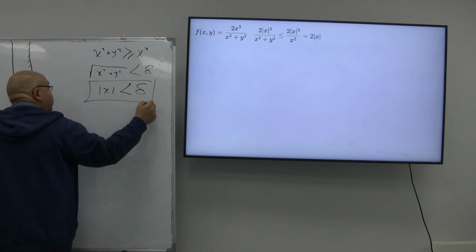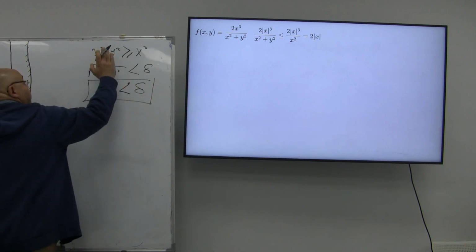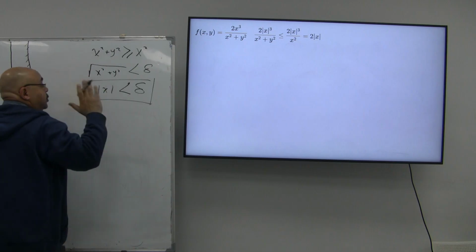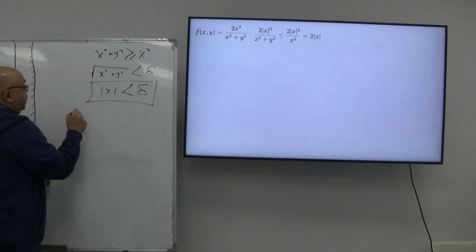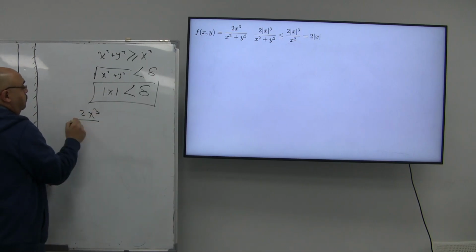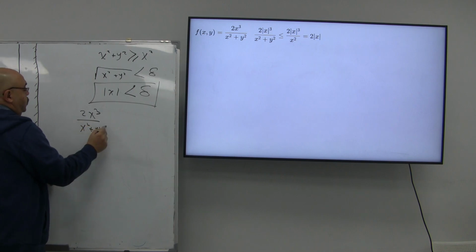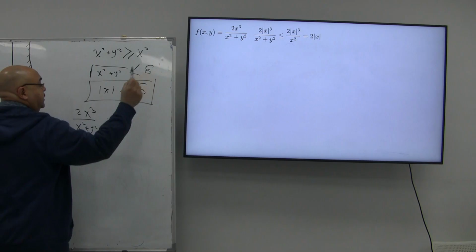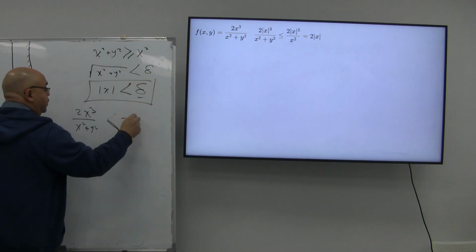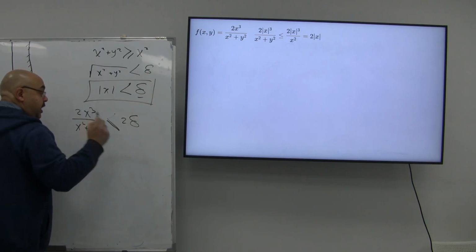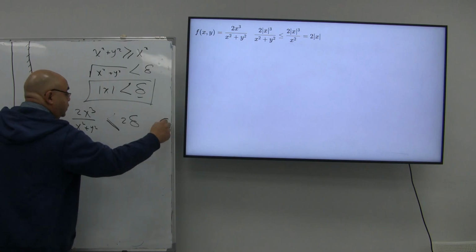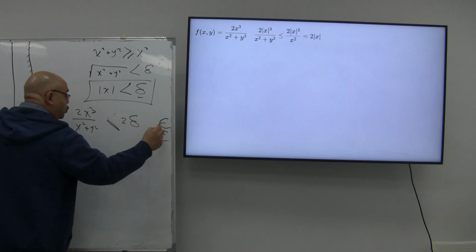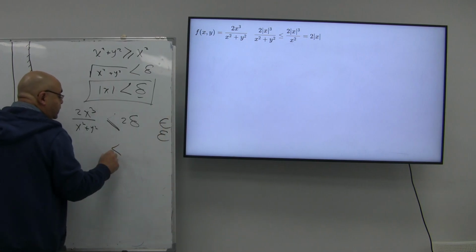Based on this, for the kernel 2x cubed over x squared plus y squared, for sure it's going to be less than 2 times delta, replacing absolute x by delta. Now I can choose epsilon. I will choose epsilon equal to 2 delta.